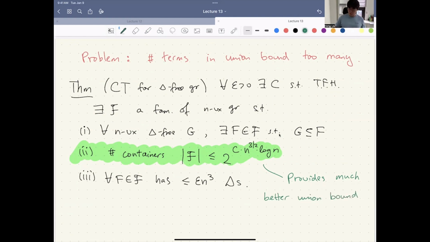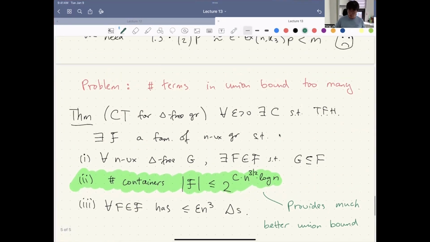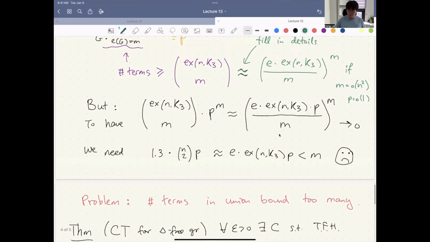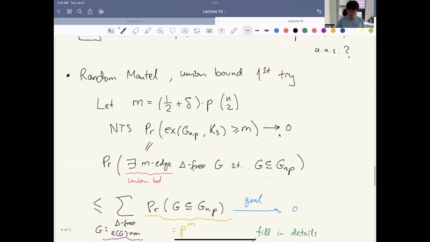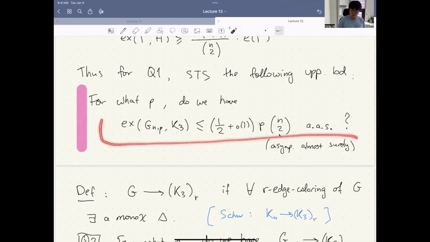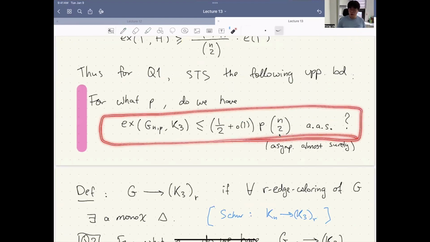So let's see the calculation and try to prove this upper bound for an almost optimal range of p.